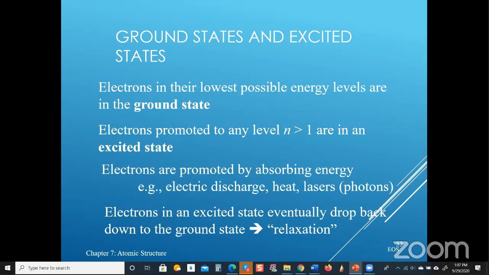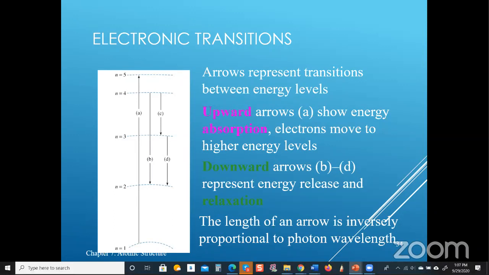Okay, just to give you a pictorial representation of these transitions, this diagram shows you the different orbits and the different types of transitions. The upward arrows, such as the one going from n equal 1 to n equal 5, are a promotion, and that will require absorption of energy by the electrons so that they are promoted from n equal 1 to n equal 5.